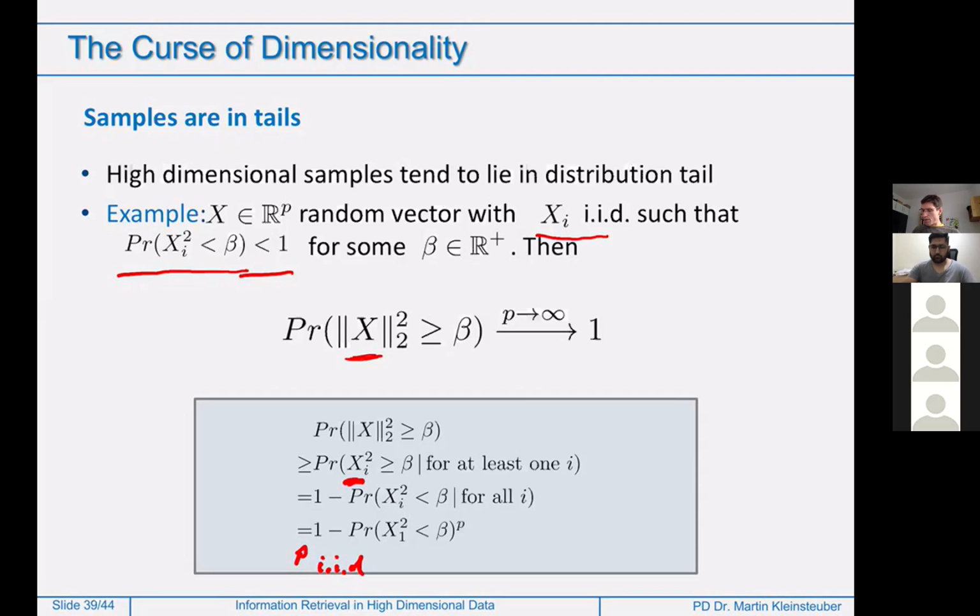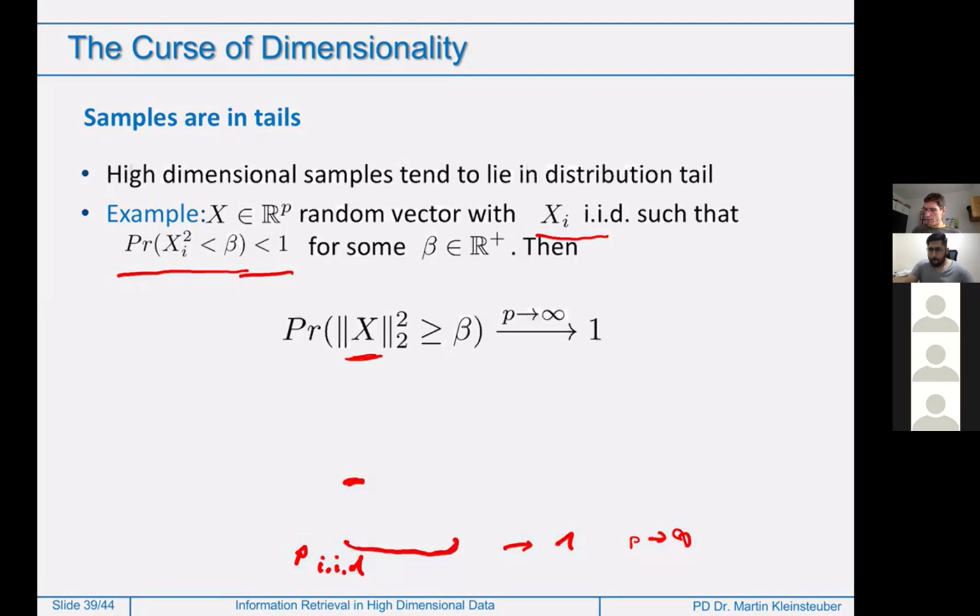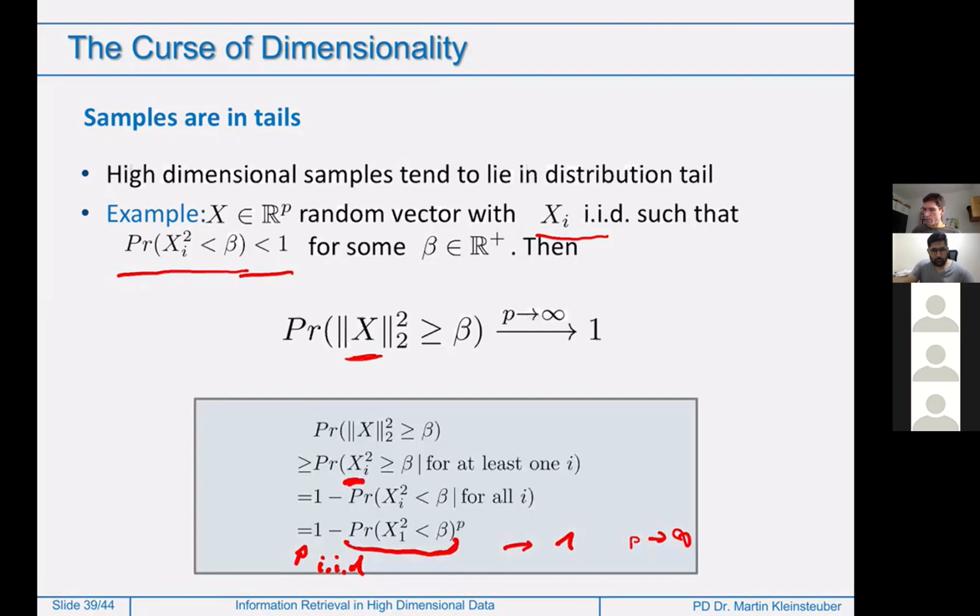And this of course goes to 1 as p goes to infinity, right? Because this probability is fixed and smaller than 1. I mean, this is nothing else than what I have explained in the previous slide.